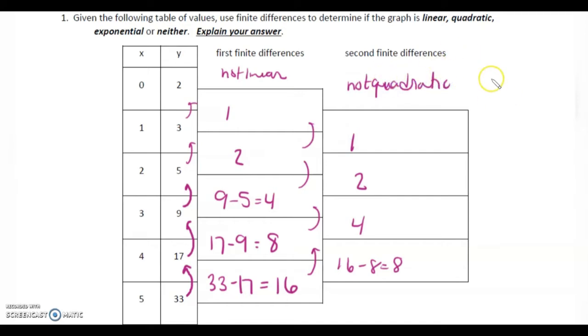So what we're going to do now is ratios of the y column. So we have 33 over 17, 17 over 9, 9 over 5, 5 over 3, 3 over 2.